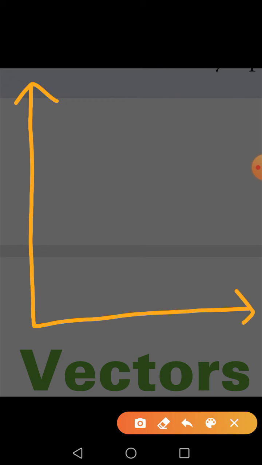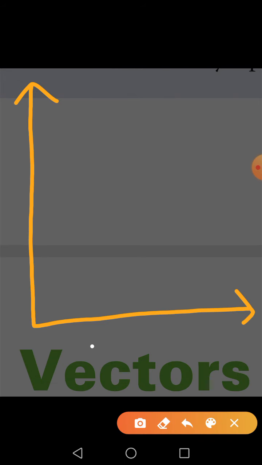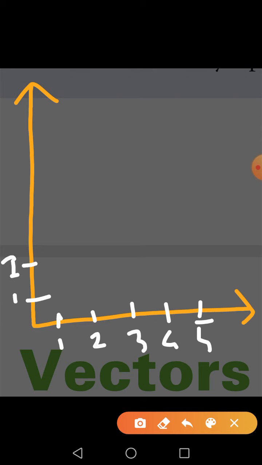This is the coordinate axis. Okay, so here we have, this is 1, this is 2, 3, 4, 5, 1, 2, 3, 4, 5, 6, 7. Okay, all right.